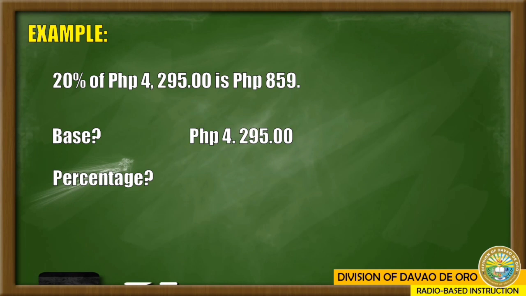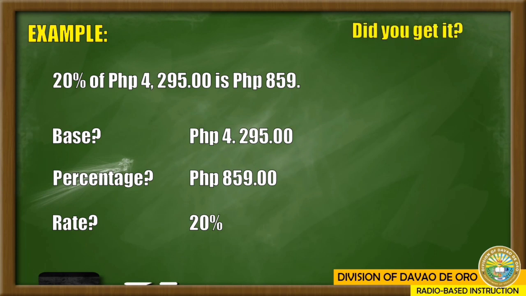So part of the base. So what would it be? Very good. 859. How about the rate? Very good. No other than 20%. So it is very easy to answer the rate because of the percent symbol. Understood? Very good. Did you get it?